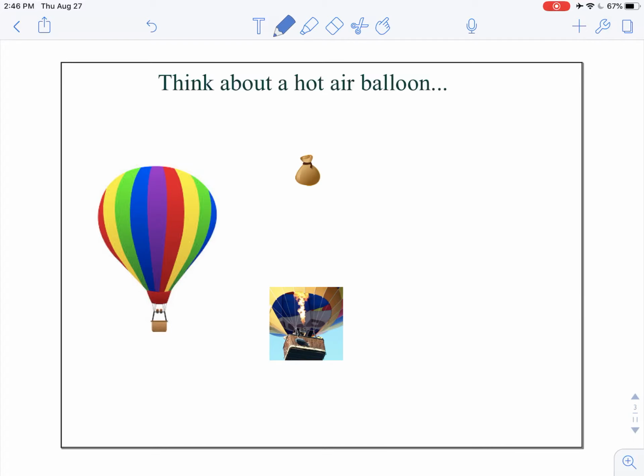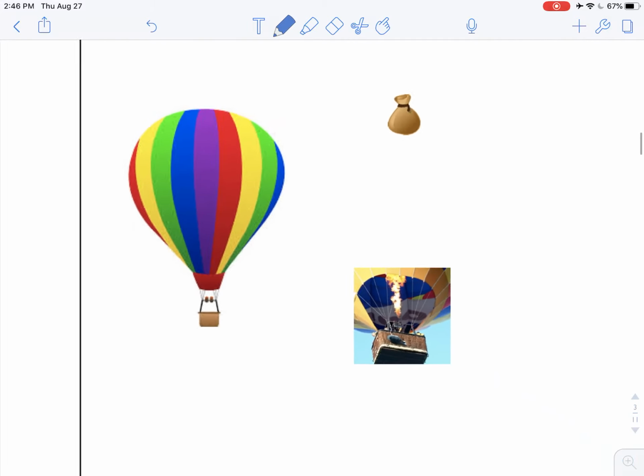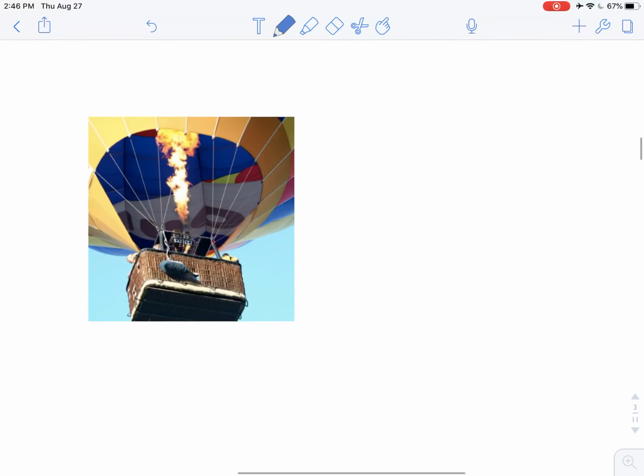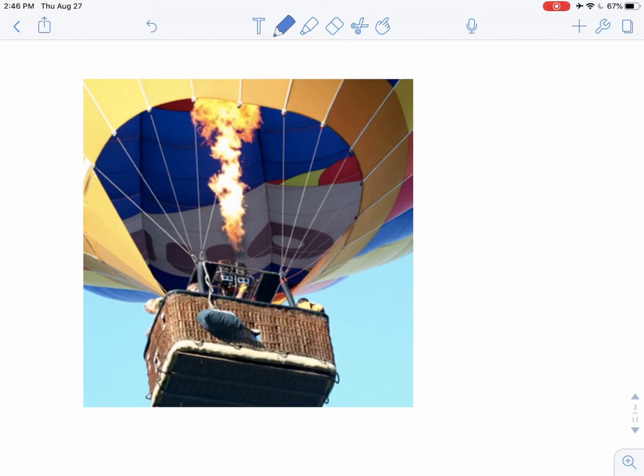So this is a hot air balloon. And hot air balloons work simply by using a balloon and hot air. What they do is they light a fire, and that heats up the air inside the balloon. And hot air rises because it's less dense than cold air. So if you've ever been in a room and you've stood on a bed or a sofa and you felt the ceiling, it's much hotter up at the top of the room.